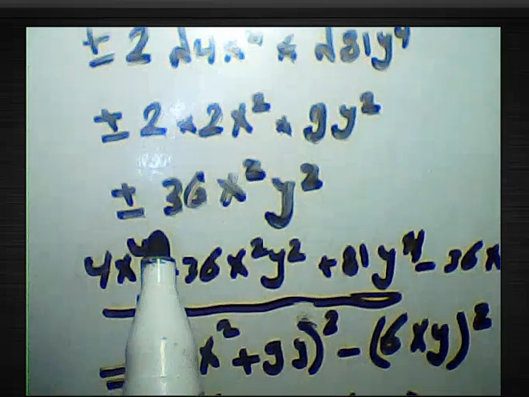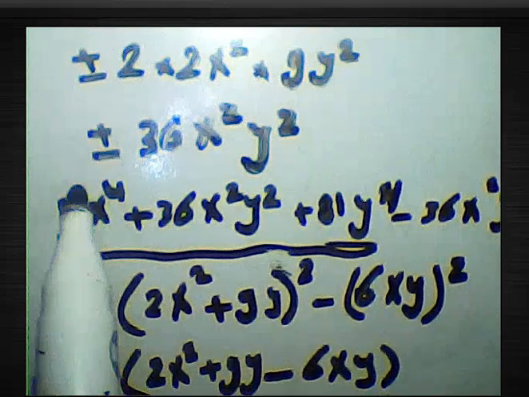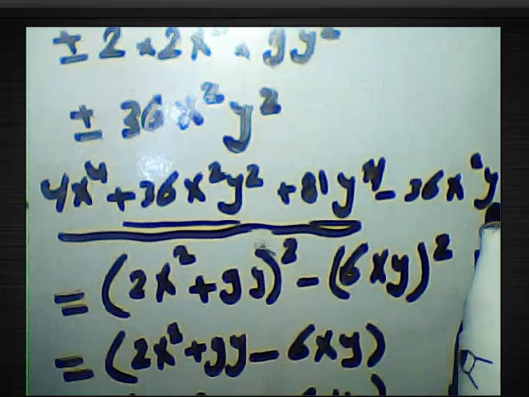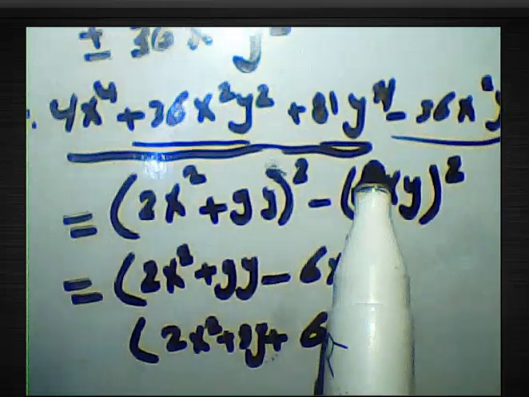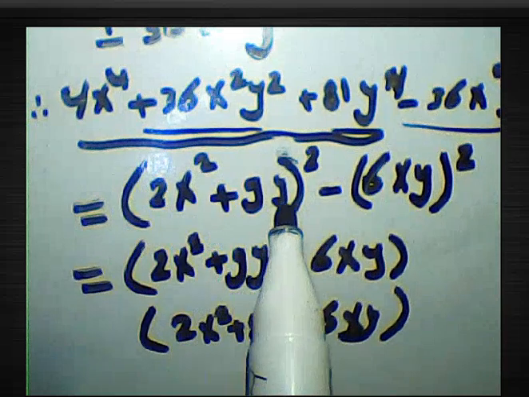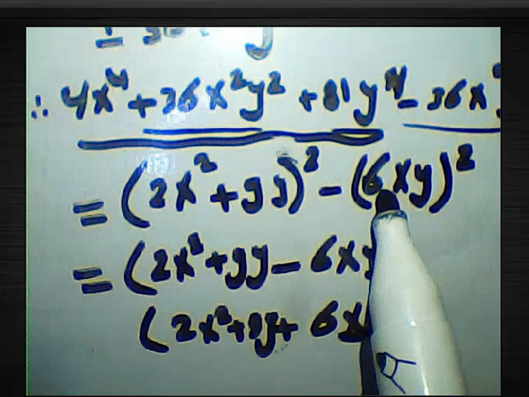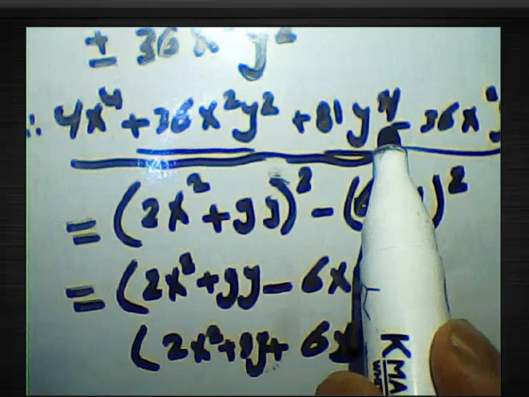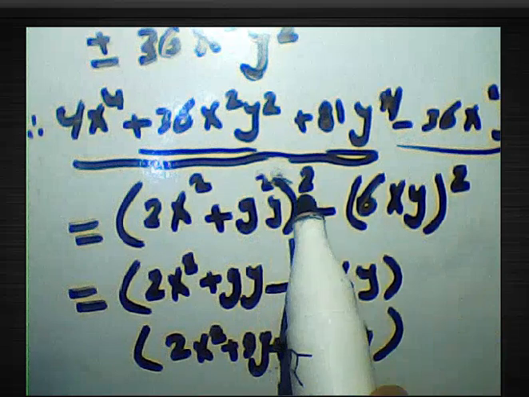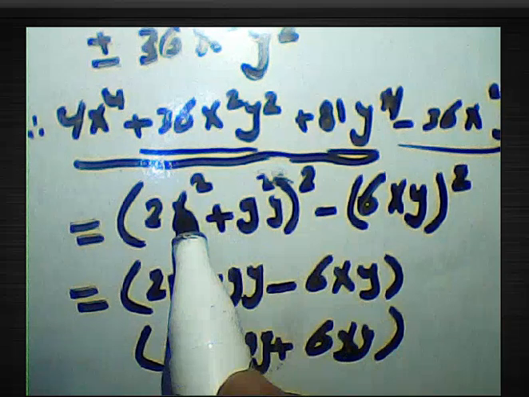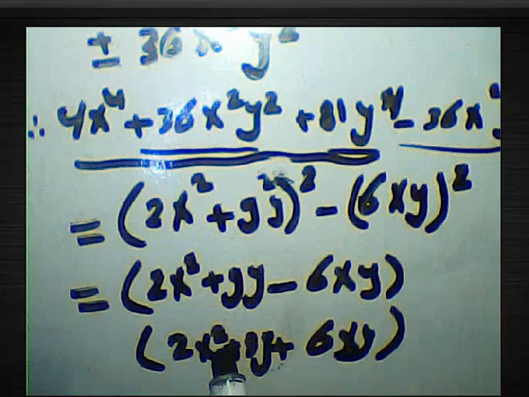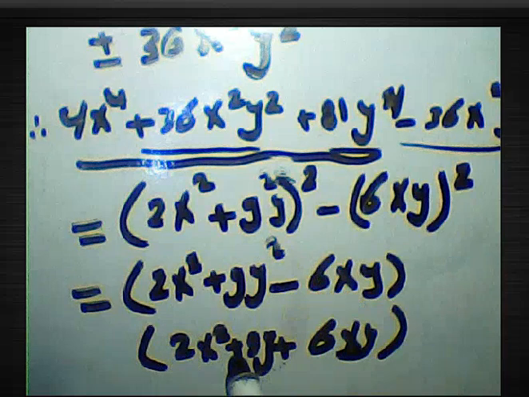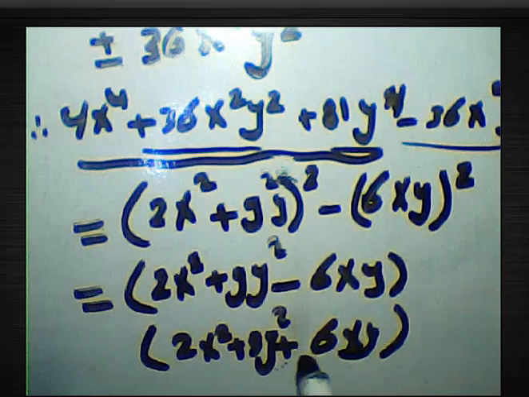The result will be positive or negative 36x power 2 y power 2, and then we can add and subtract this expression, add in the middle and subtract at the end, and factorize this expression as (2x power 2 plus 9y power 2) all power 2 subtract (6xy) all power 2, and here the first 2x power 2 plus 9y power 2 minus 6xy, and 2x power 2 plus 9y power 2 plus 6xy.